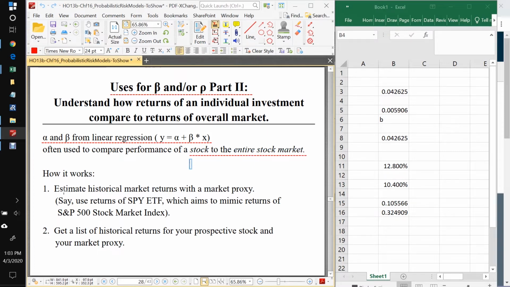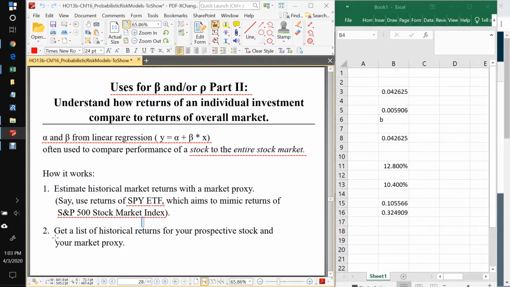So we're going to do this by, as usual, estimating historical returns of the market with some proxy, like the SPY ETF, which we've been using all along to measure the returns of the S&P 500 index. We've been using SPY because you can invest in SPY, you can buy shares of the SPY ETF, you cannot buy shares of the index per se.